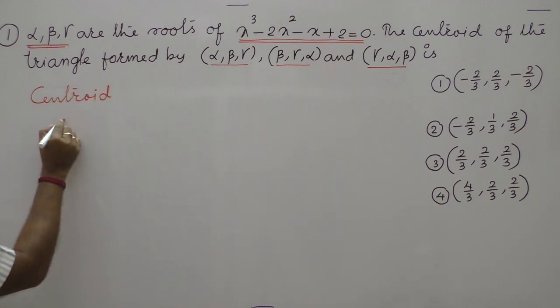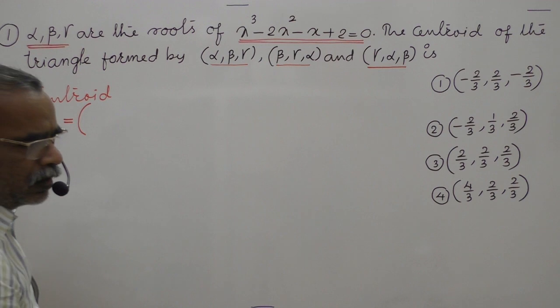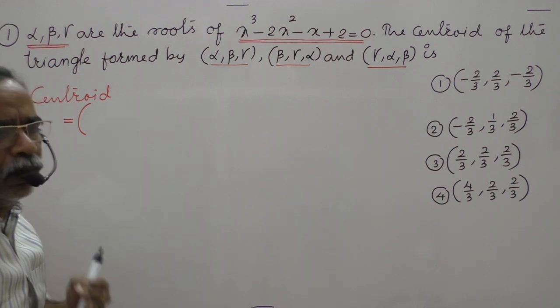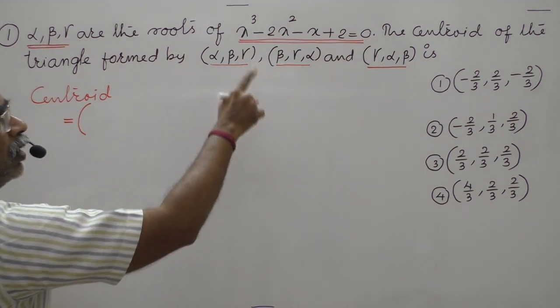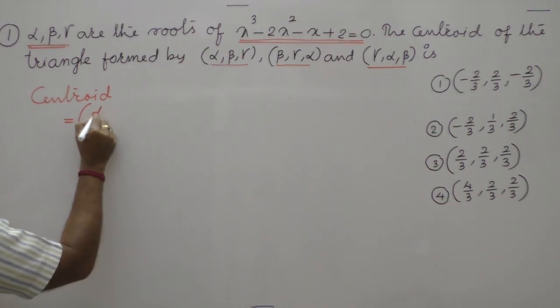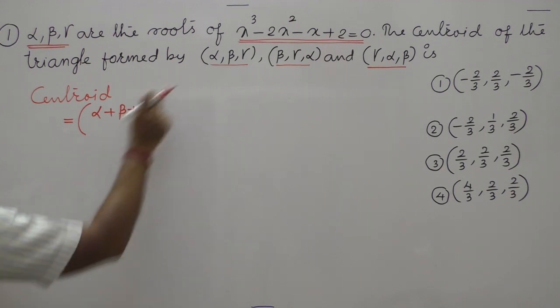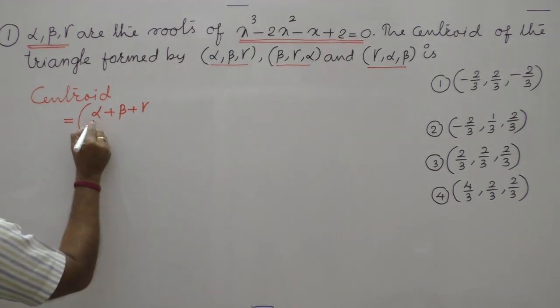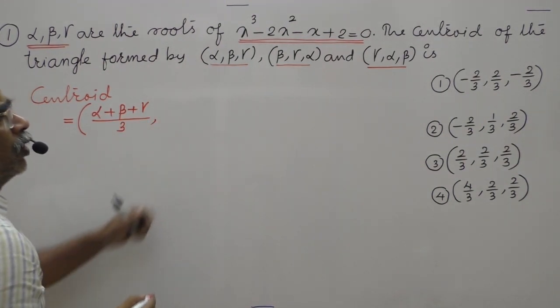When three vertices are given, centroid is x1 plus x2 plus x3 by 3. That is sum of x coordinates by 3, sum of y coordinates by 3, sum of z coordinates by 3.